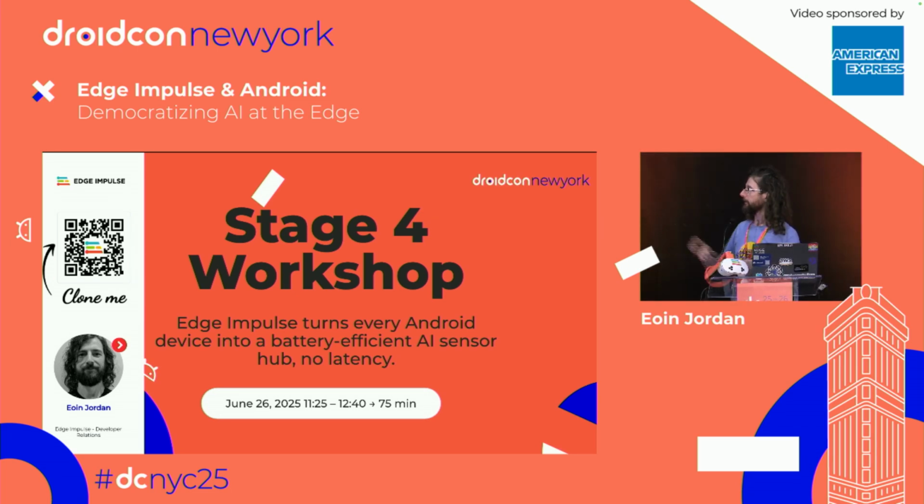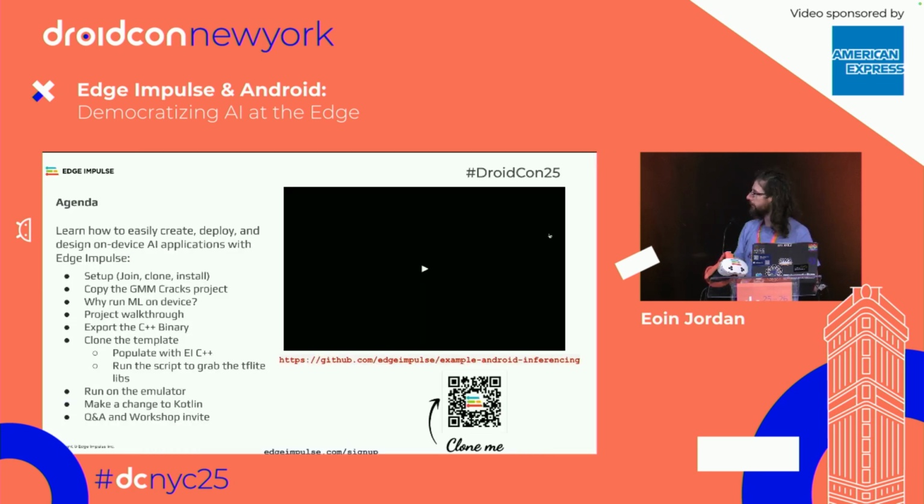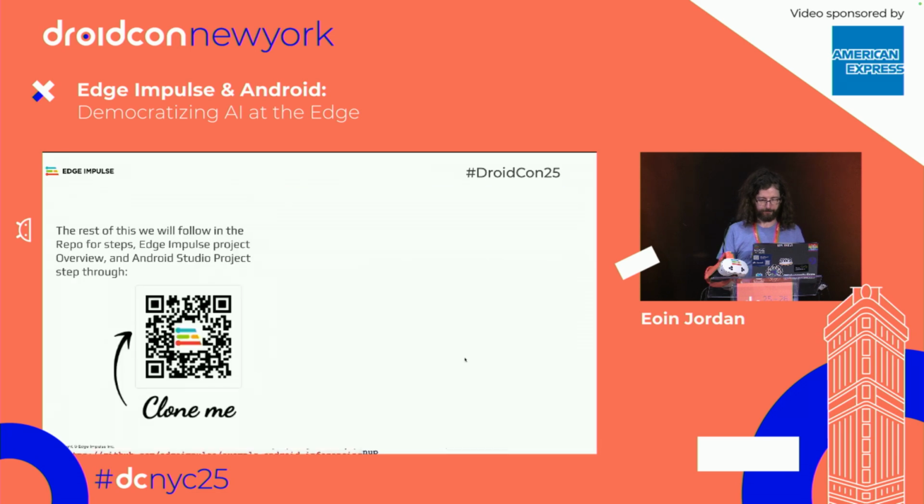If you can scan this QR code, or go to this link here if you don't want to scan the QR code, that's fine too. You just type in GitHub Edge Impulse example Android inference. Once you get to the repository, I'm going to go there myself as well.